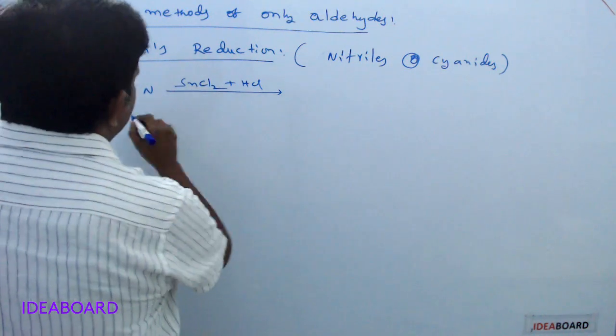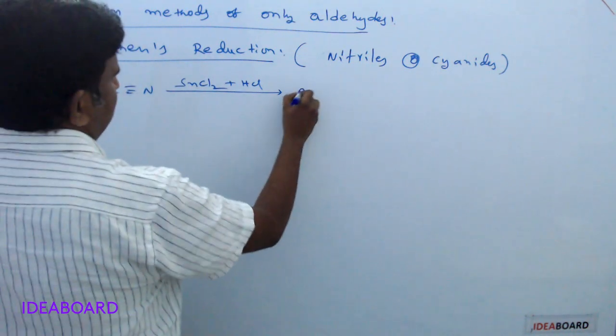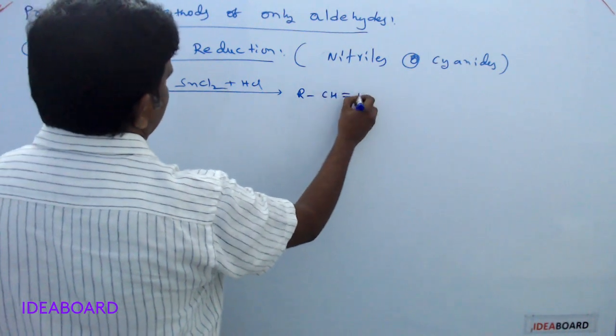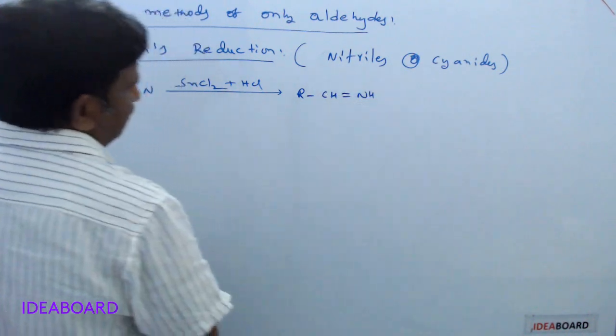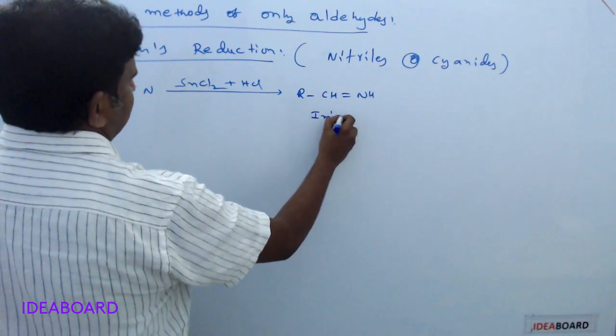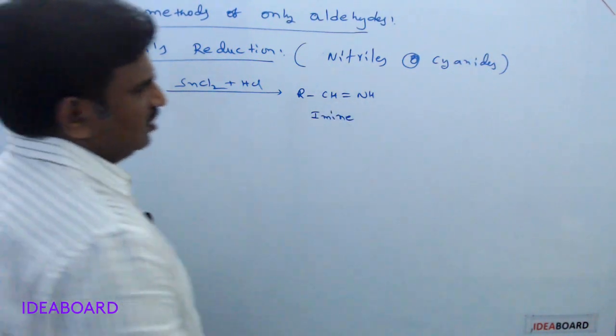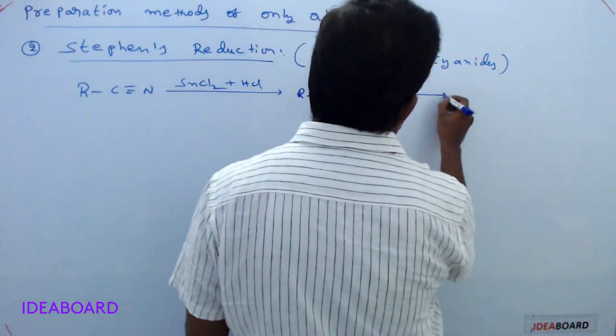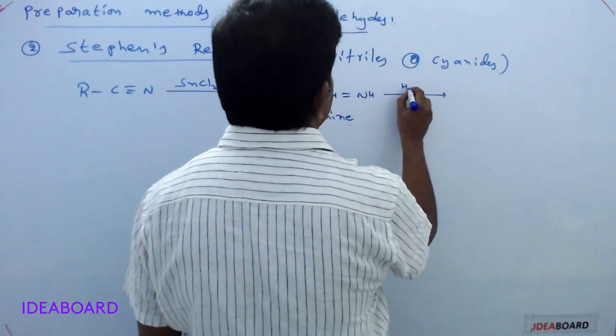Then first what is formed is RCH=NH, which is called an imine. After imine formation, this undergoes hydrolysis.